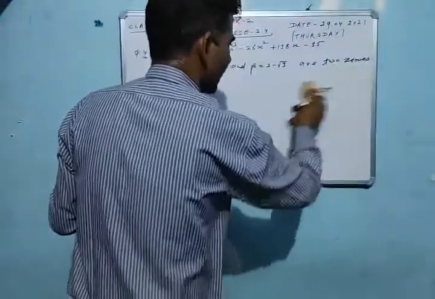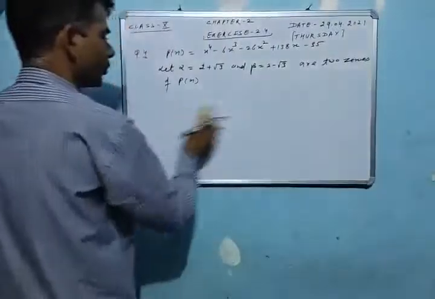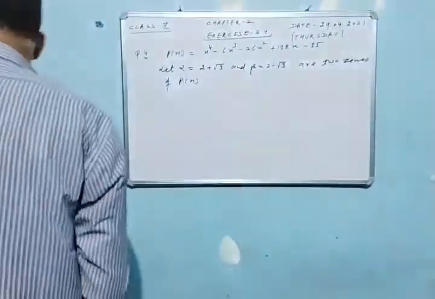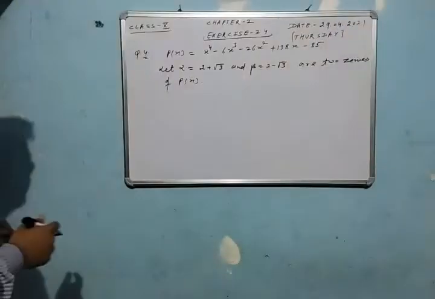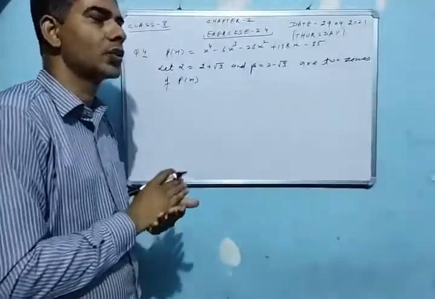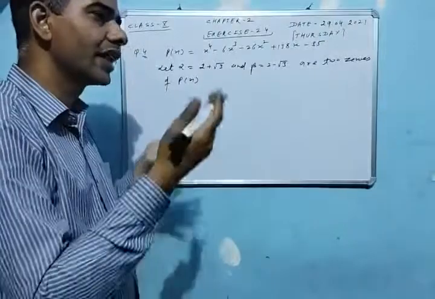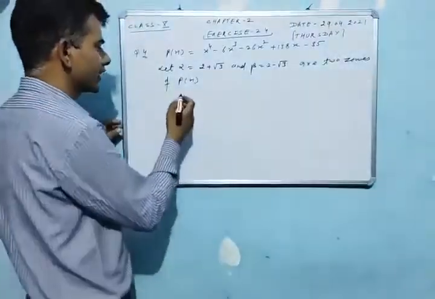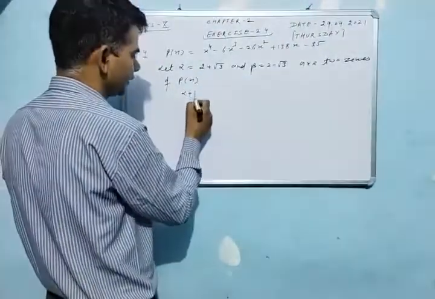Now students, as we have discussed in the previous questions, to solve these questions, first of all we will make a quadratic polynomial. To make a quadratic polynomial, we require the sum of zeros, that is alpha plus beta.